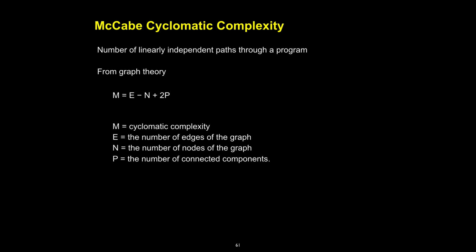Another common metric is called the McCabe cyclomatic complexity. And the idea is, how complex are your functions, right? If you've got 10 assignments in a row, not very complex. If you got if statements, more complex.